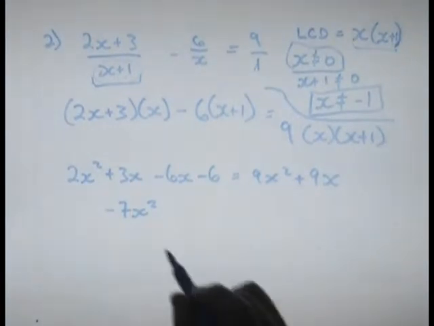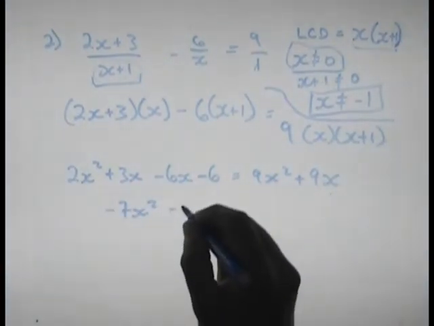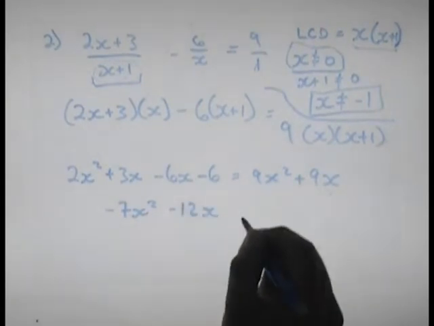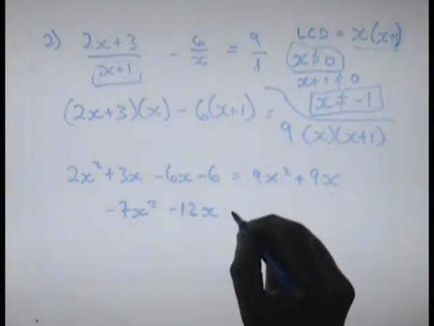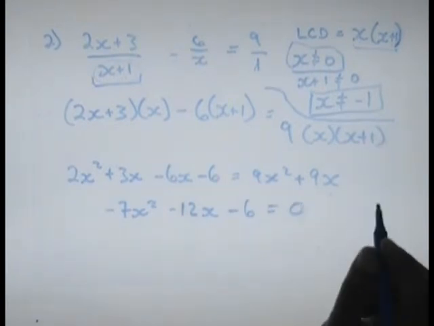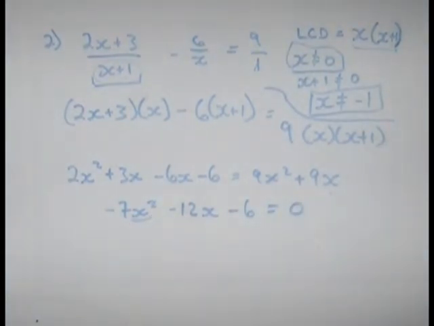Minus 3x minus 9x is going to give me minus 12x. Minus 6 is equal to 0. I took it all across because of the x squared. I'm now going to use my quadratic formula because this one here can't be factorized.